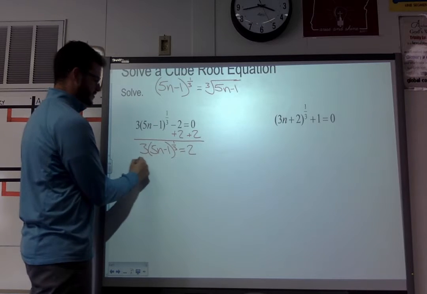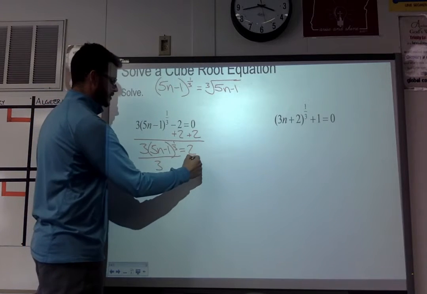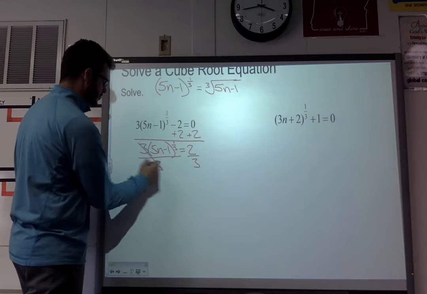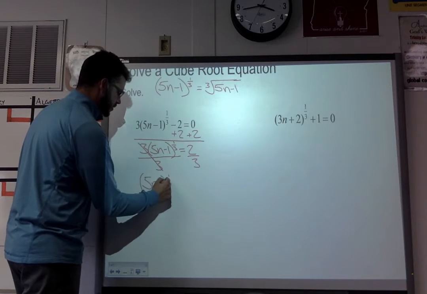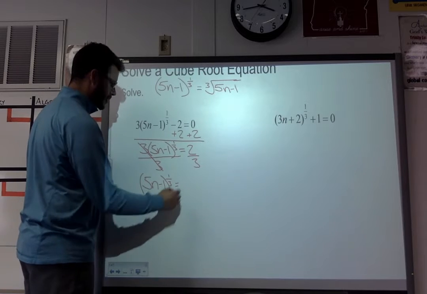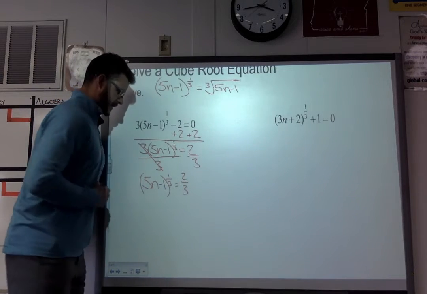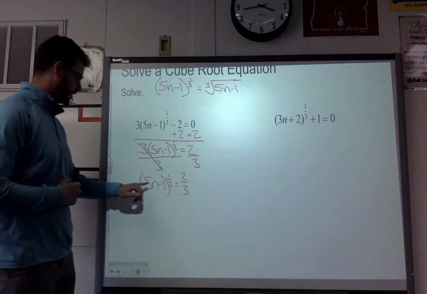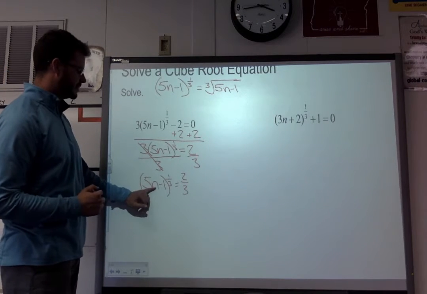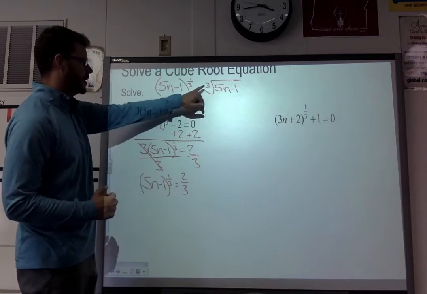Then I need to get rid of this 3. Since they're multiplying, we're going to divide. So those cancel. So now I have 5n minus 1 to the 1/3 power equals 2/3.